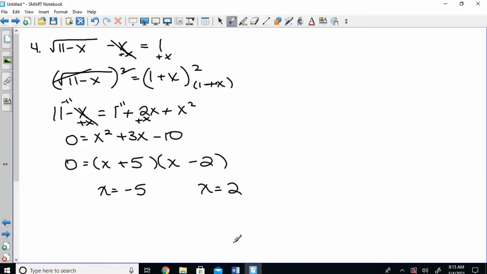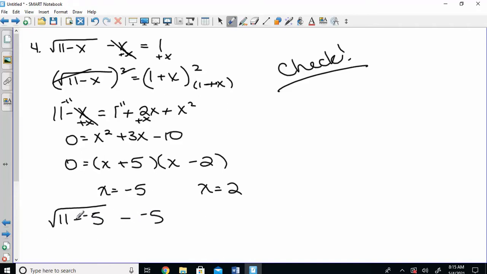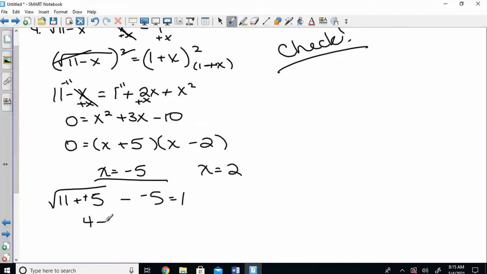But there's one other thing. On any of these problems, when we start squaring, what do we have to remember to do at the end? Check it, because we might get answers that don't work. So to check it, you plug it in the original. You are welcome to do that on your calculator. If I did the -5, I get the square root of 16, which is 4, plus 5. Does that equal 1?